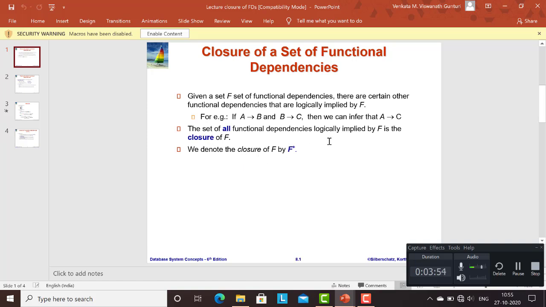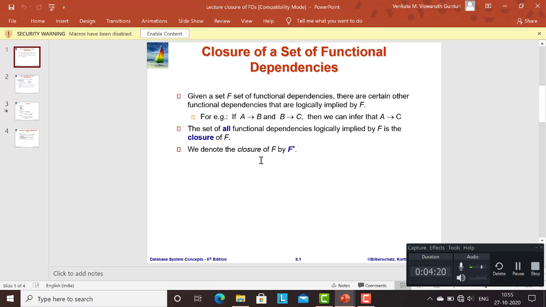Given a set of functional dependencies F, the set of all functional dependencies which are logically implied by F is called the closure of F, right? This is denoted by F superscript plus sign.